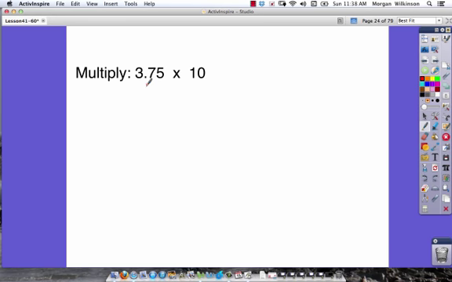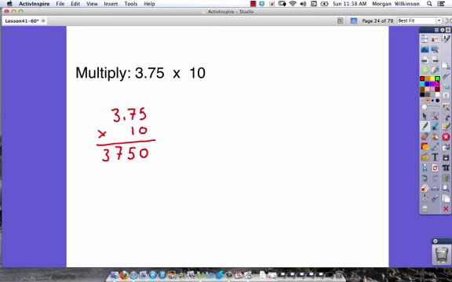Okay, we want to multiply 3.75 times 10. And when we multiply times 10, we know it's going to get bigger. Let's look what happens when we do that multiplication. We know we've got 0 as a placeholder. Then we have 1 times 5 is 5. 1 times 7 is 7. And 1 times 3 is 3.